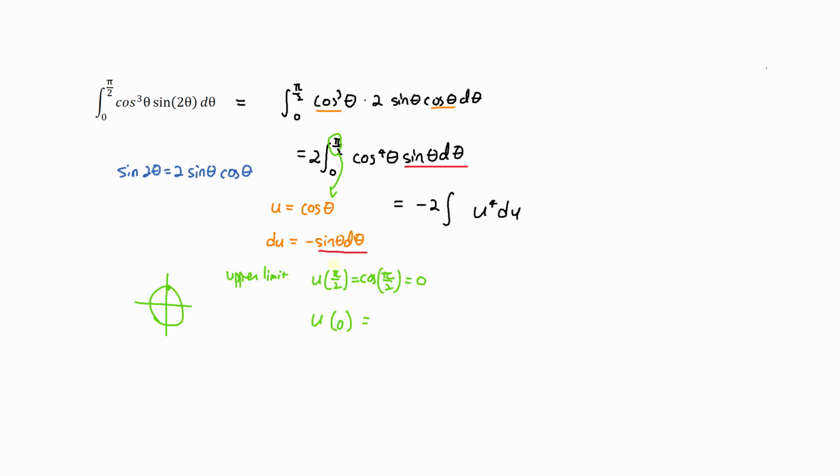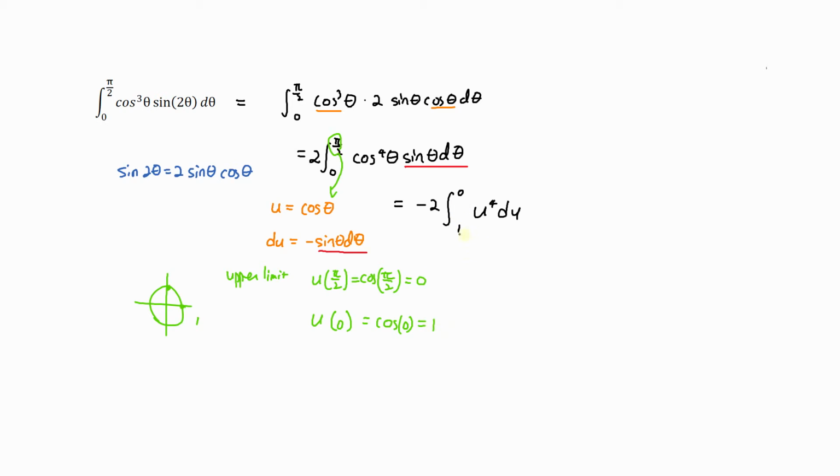So we still use the cosine theta as a function, and when you put the cosine 0, you get 1. It's the radius itself. So the upper limit takes 0, and the bottom limit gets 1.